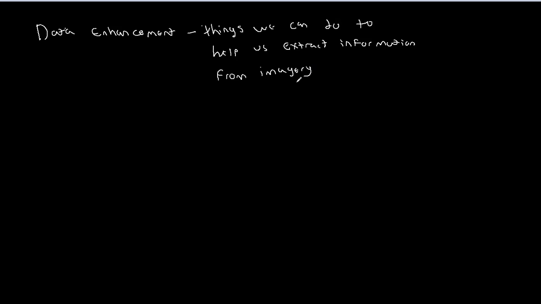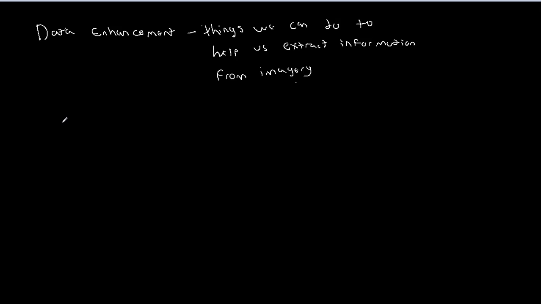Right? Because at the end of the day, that really is the point of remote sensing. Regardless of what type of imagery you're using, regardless of what you're trying to actually detect, at the end of the day, you're just trying to extract information. And data enhancements are things that we can do that will help us achieve that goal.